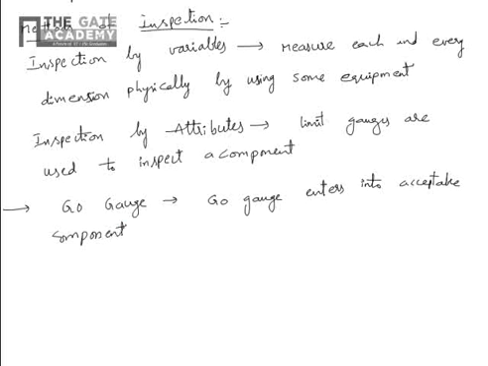The no go gauge does not enter into the acceptable component. If the no go gauge enters, then it is not accepted, it is rejected.